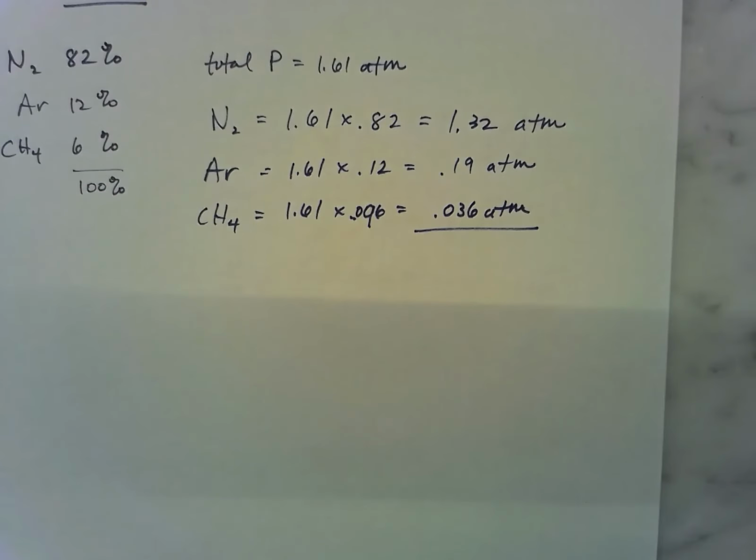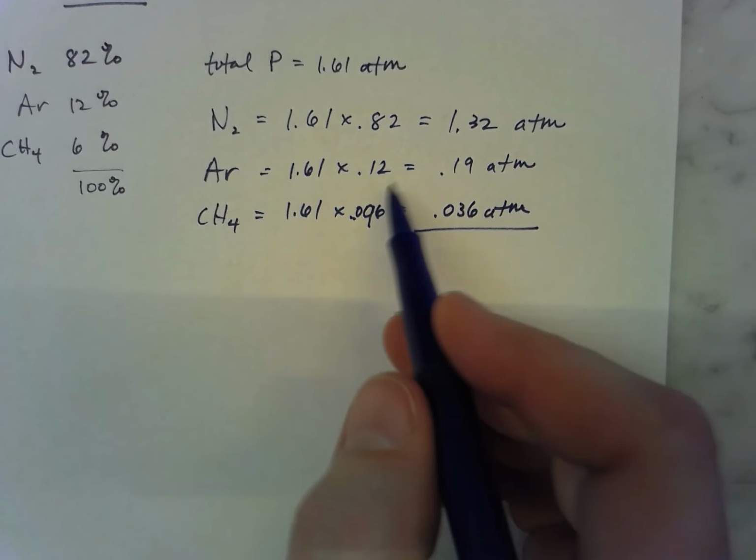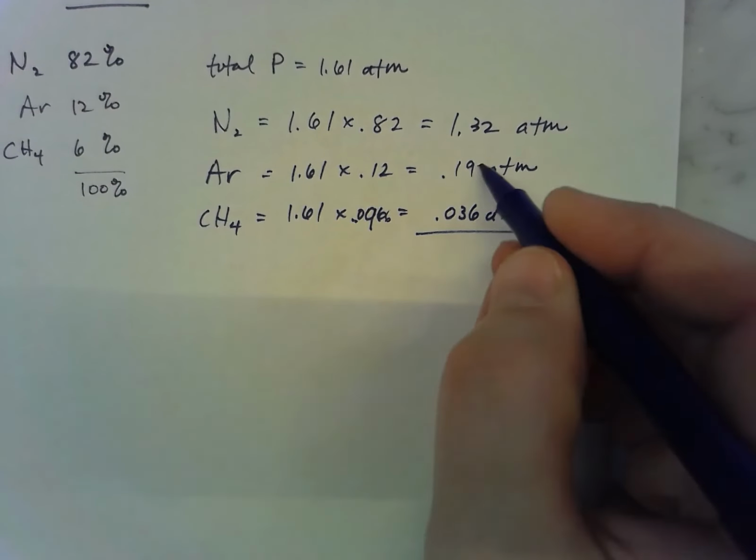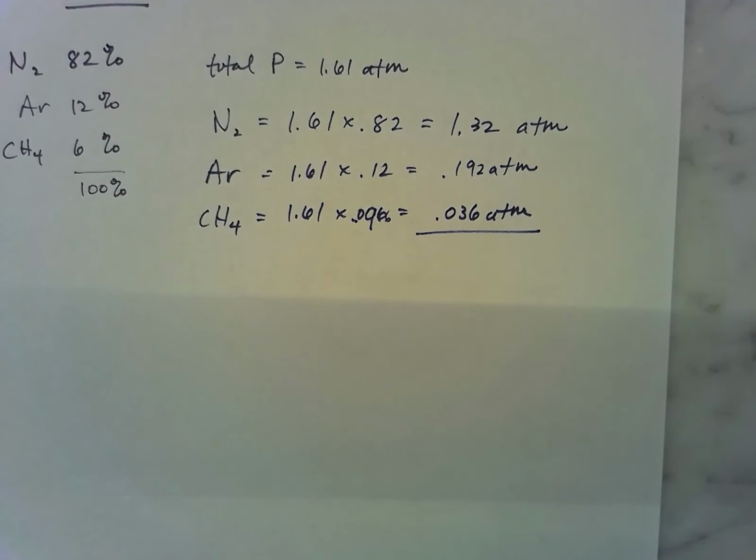Did I do that right? 1.61 times 0.06 is 0.096. And for argon, it's 1.61 times 0.12, 0.192. Now, does this add up? 1.32 plus 0.192 plus 0.036 is 1.548.